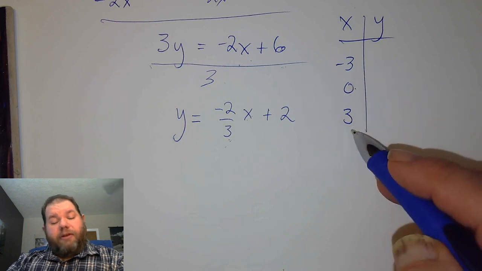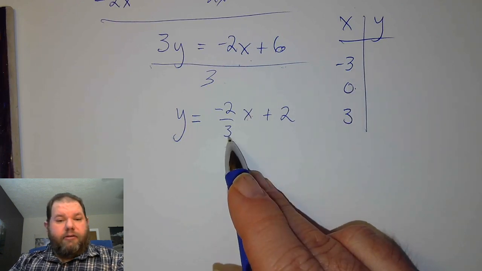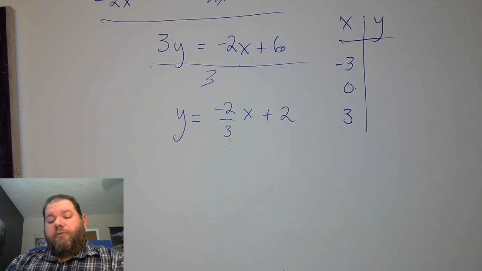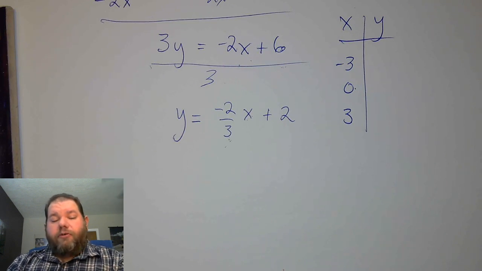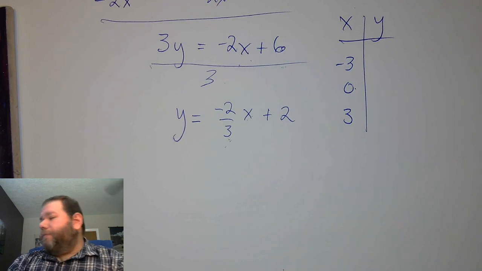The reason I would pick those numbers is because we're going to have to divide the x by 3 in order to accomplish this calculation. So even better, we should pick an x that's a multiple of 3 to start with. That way we still work with whole numbers throughout the problem. Much better working with whole numbers than with fractions.